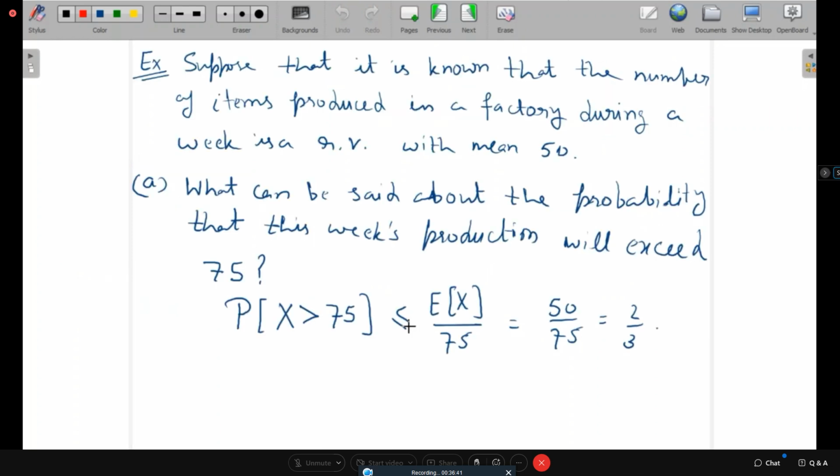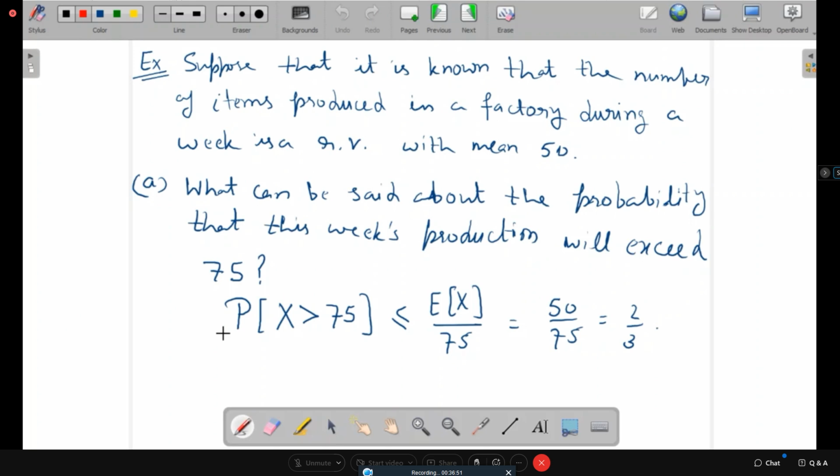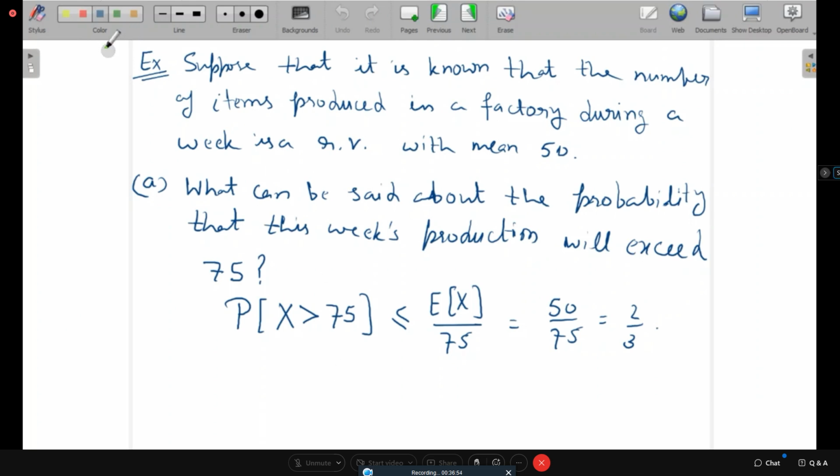Let's look at one example here. Suppose that it is known that the number of items produced in a factory during a week is a random variable with mean 50.